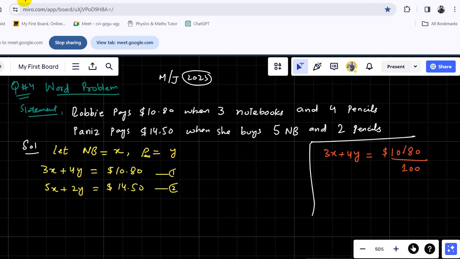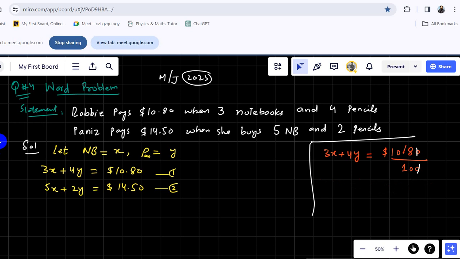Multiply this 100 on the left side, so it will be 300x plus 400y equals 1080. Or there is another option: you can simplify. If it's possible, you can cancel this.